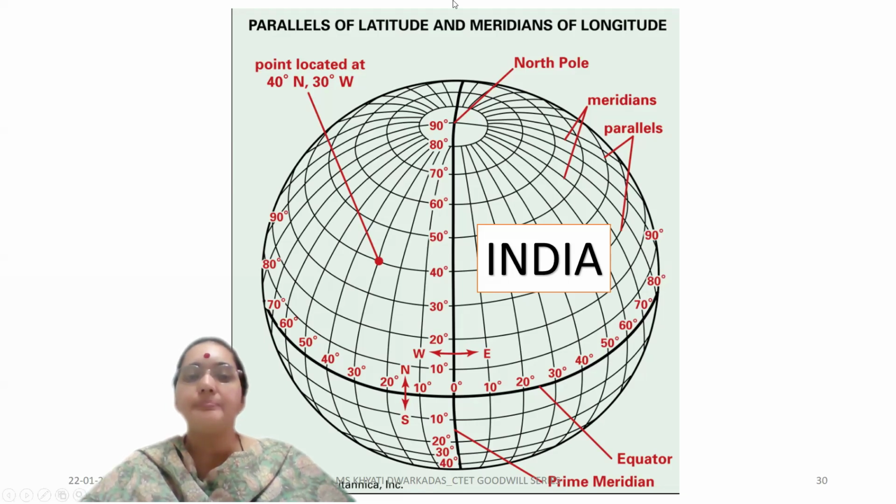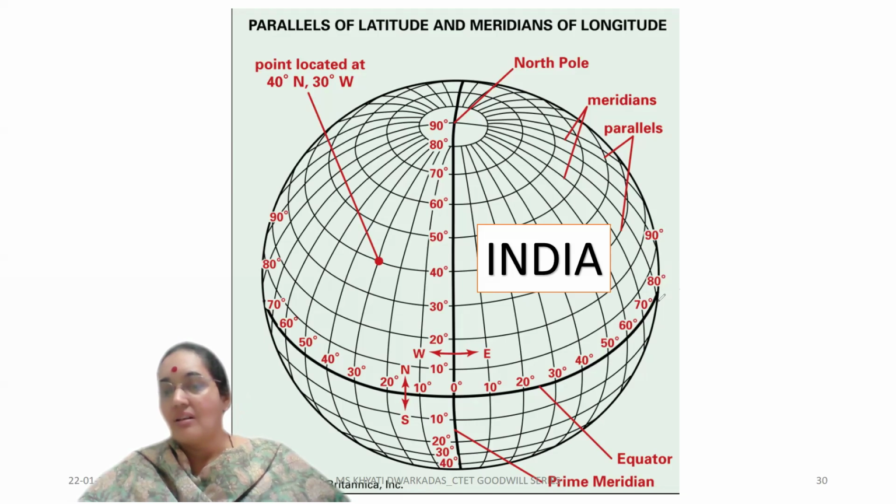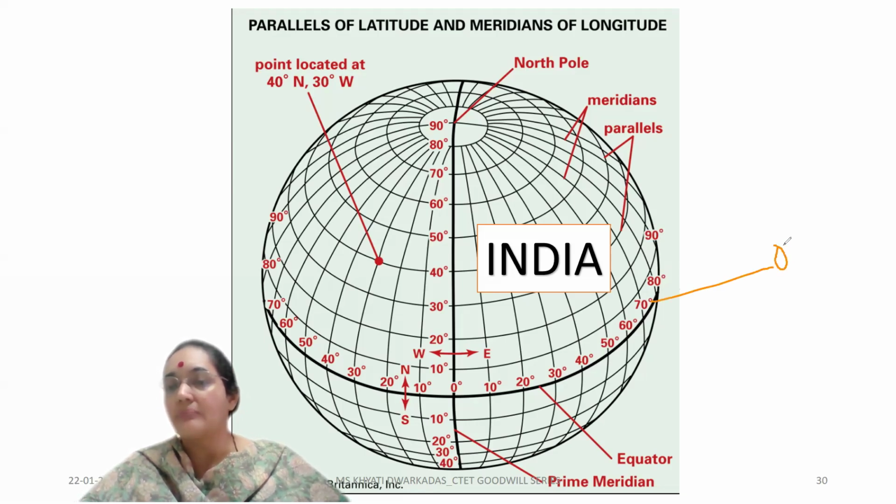This line over here, this particular line is my 0 degree equator. And this line is my 0 degree longitude, the prime meridian.